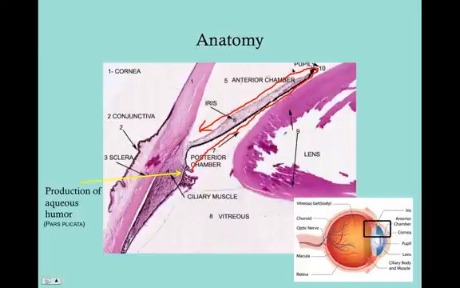But anyhow, the aqueous humor will go around the iris no matter what, and then ultimately drain into the anterior angle and trabecular meshwork. So this is the anterior angle. When we talk about the angle here, this is what we're talking about. We're talking about the angle that's formed by the anterior iris, the trabecular meshwork, and the cornea.